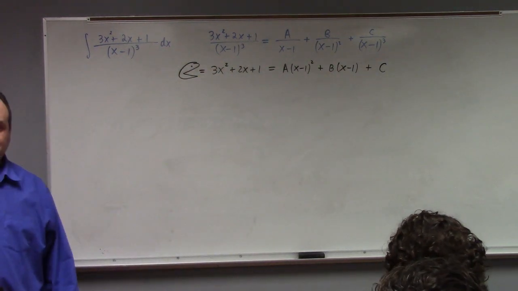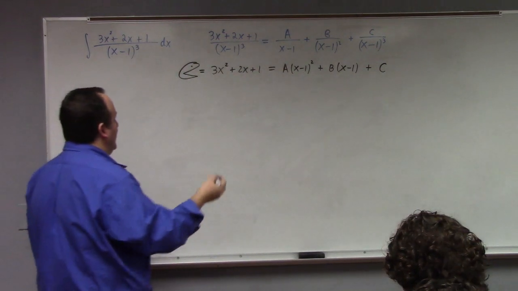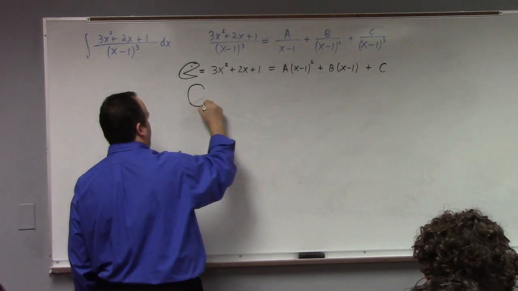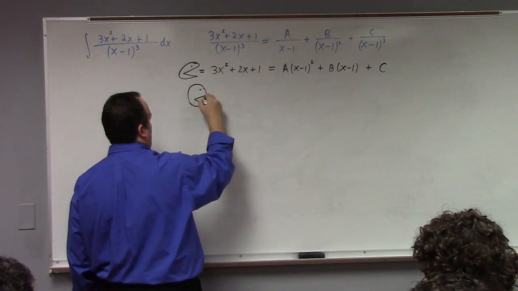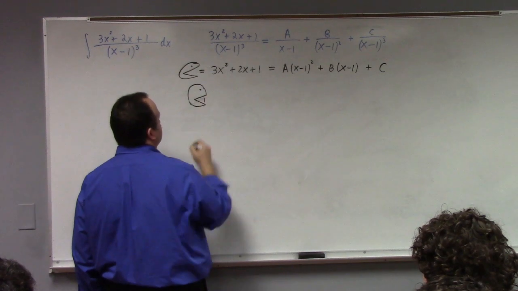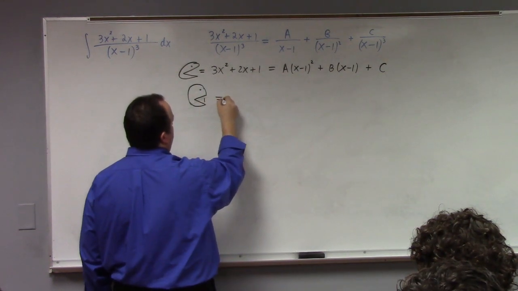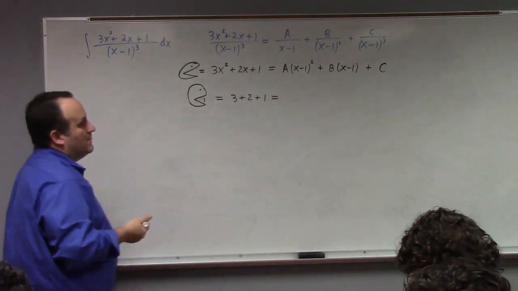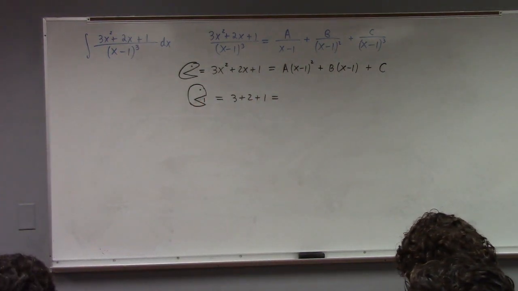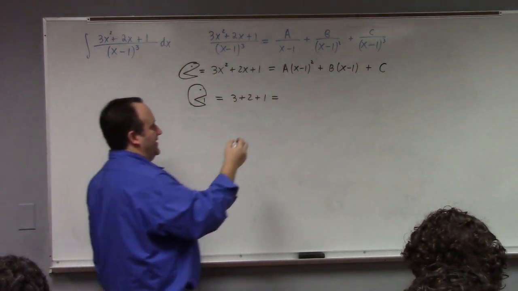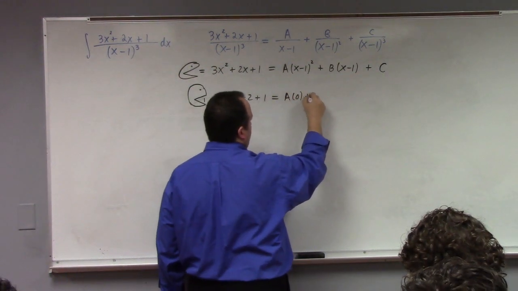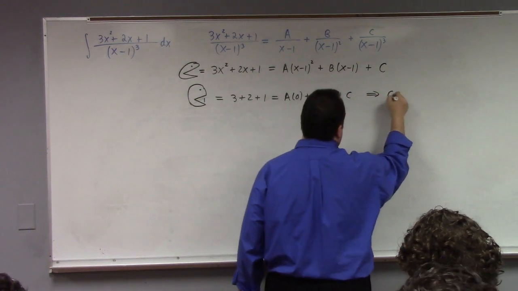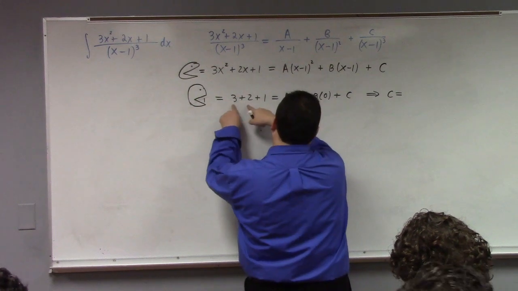What I like to do is feed Pac-Man. Feed it 1. I get 3 plus 2 plus 1 equals what? A times 0 plus B times 0 plus C. So therefore C equals 6.